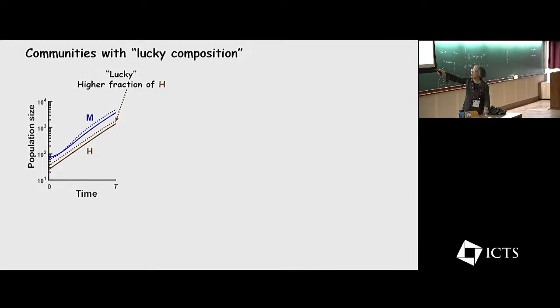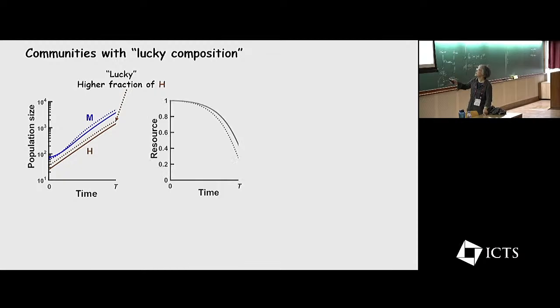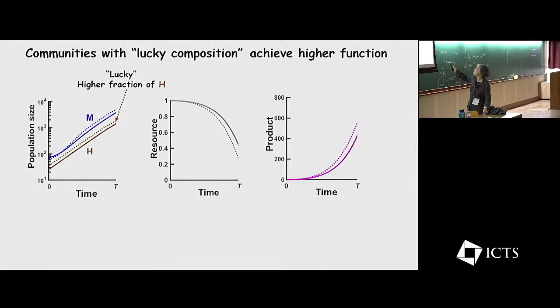That allows M to grow to a higher level, and because there are more M's, they make more product. So even if the cost is the same, the resource is depleted more and the product is made more. Then we will think that this one is better than this one, even though the cost is identical.